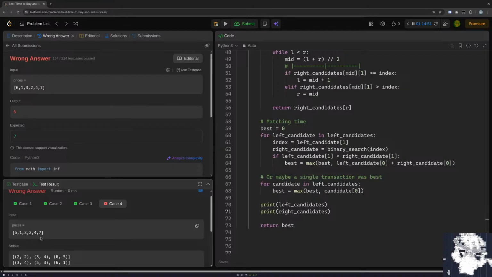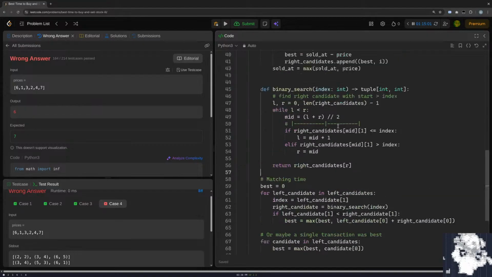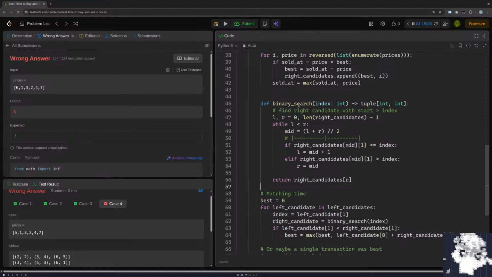The right candidates, oh, you know what? I was assuming that my right candidates indexes are ordered, but they're in the other order. They're in decreasing order.